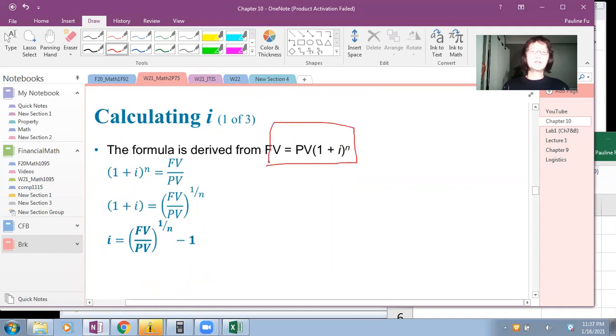Starting from this formula, we want to solve for I. Both sides, we raise to power 1 over n, on the left hand side and on the right hand side, and then this n and 1 over n cancel out. On the right hand side, you only have PV times 1 plus I.